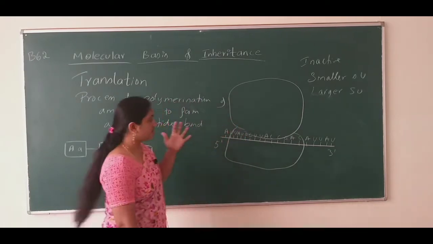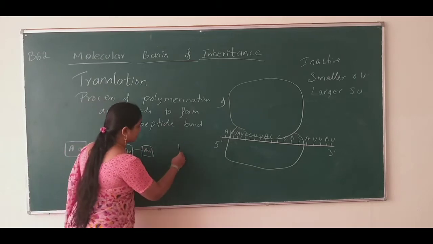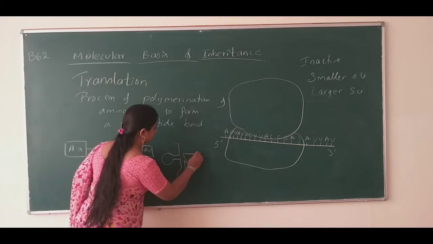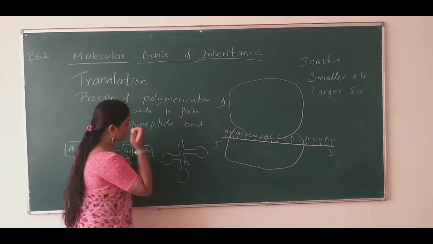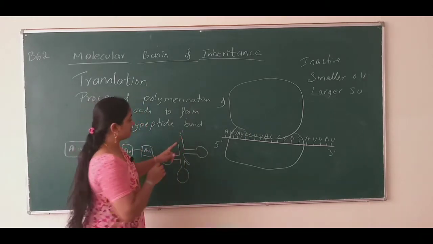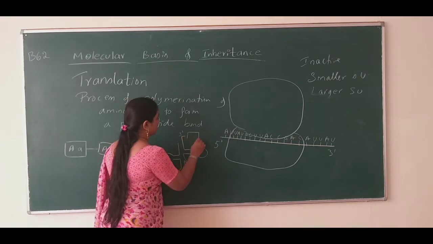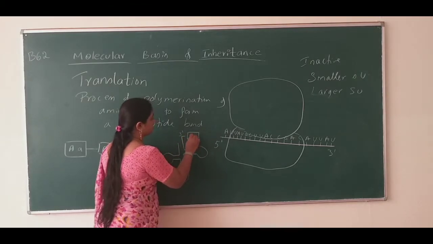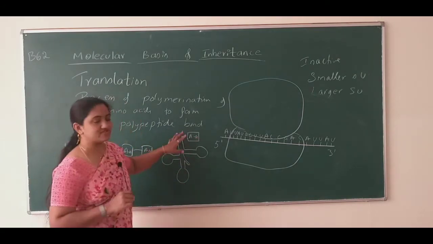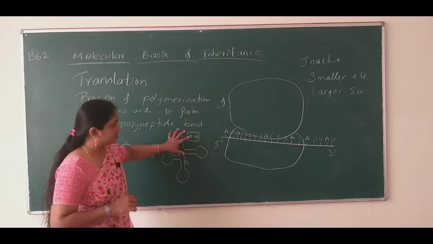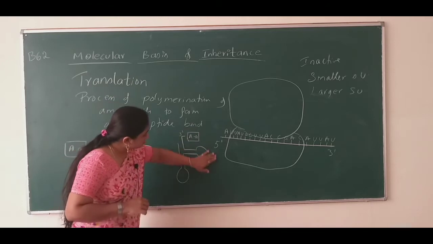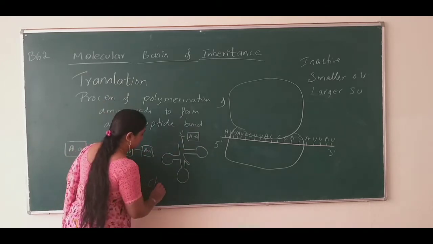We have got the tRNA. It will be like this. At the 3 prime end, it has a functional group, and at that site the amino acid will bind. So now consider this is the tRNA which is bringing the activated amino acid.